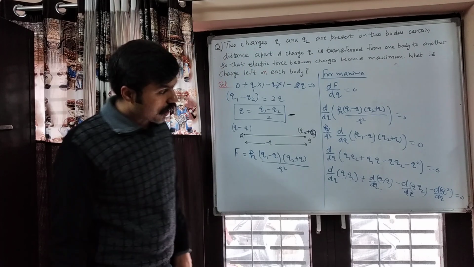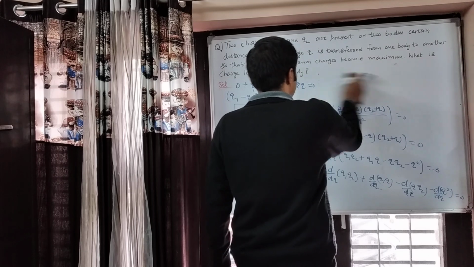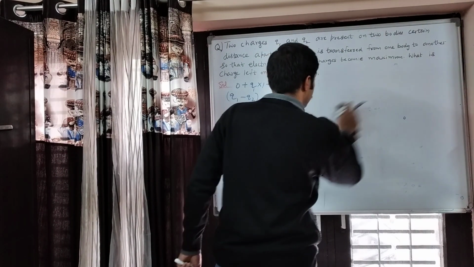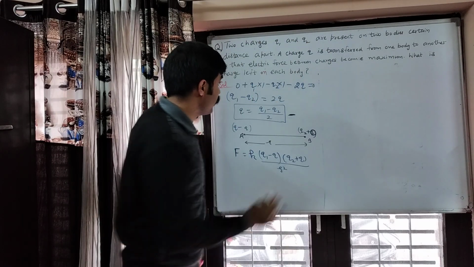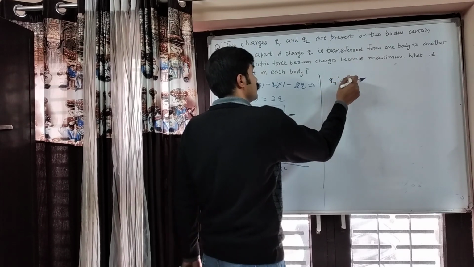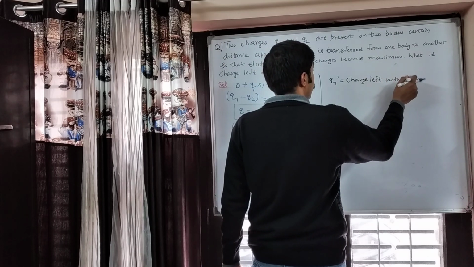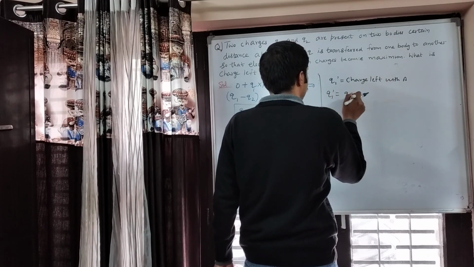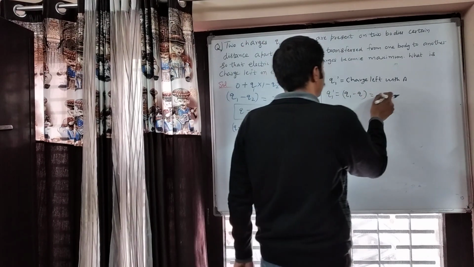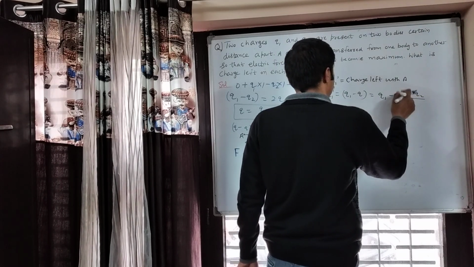The second part, how much is the charge left with each body? So when you shift Q from A to B, the amount of charge left with A will be Q1 minus Q. Let us call that Q1 dash, that is equal to charge left with A. So Q1 dash will be equal to Q1 minus Q, which is Q1 minus Q1 minus Q2 by 2.